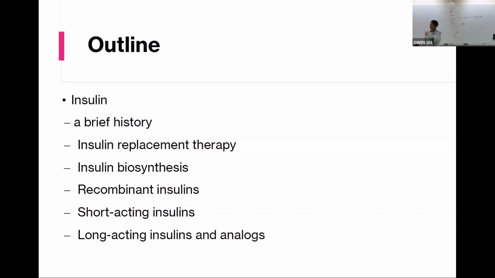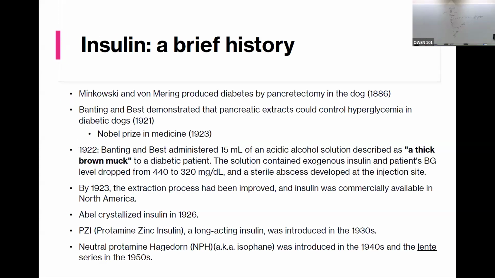Insulin. When was insulin discovered? About 140 to 150 years ago, right? I'm interested in that kind of stuff, but I think it's fun to understand how these drugs and medications were originally found and developed.